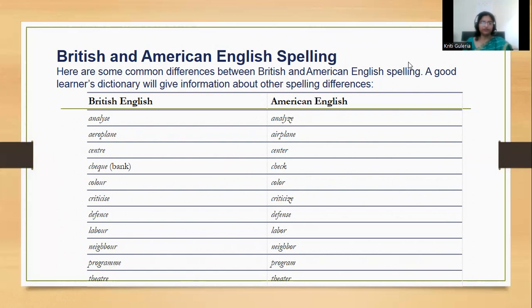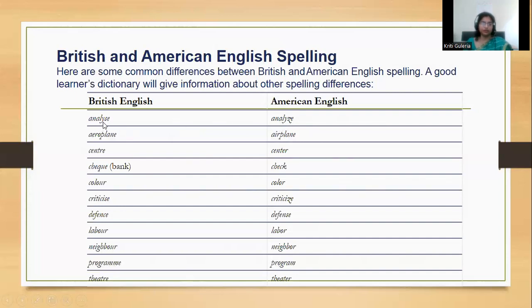These words have differences in spellings between British English and American English. Like for the word analyze, British English has an S in it, whereas American English has a Z. Analyze, A-N-A-L-Y-Z-E.